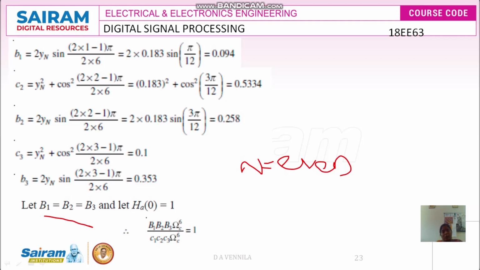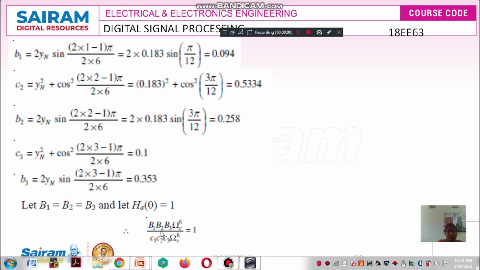This value b1 b2 b3 omega c square 6 divided by c. So here b1 b2 b3 omega c6 divided by c1 c2 c3 omega 6 is equal to 1. Here b1 b2 b3 omega c6 and c1 c2 c3, all these values we have calculated.